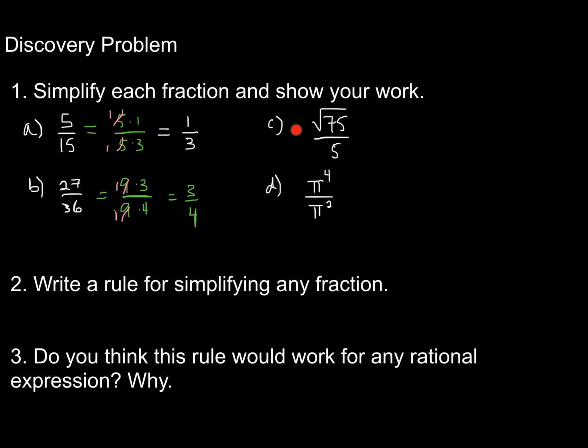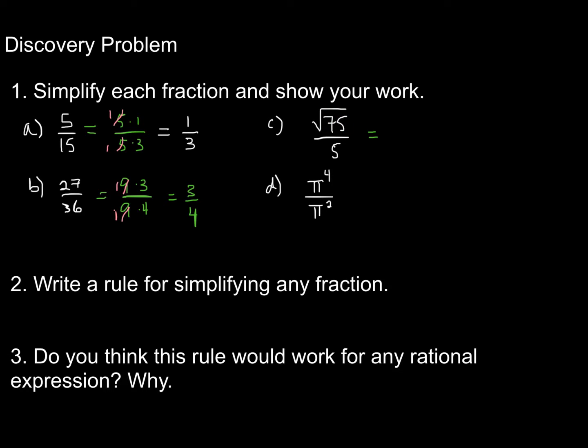All right, C is a little bit trickier. I'm looking for a common factor that I can cancel. Now, notice the square root of 75. I don't know what the square root of 75 is, but within the square root, I do know that 75 factors nicely. Since I'm square rooting, I don't want to think about factoring it with 5.